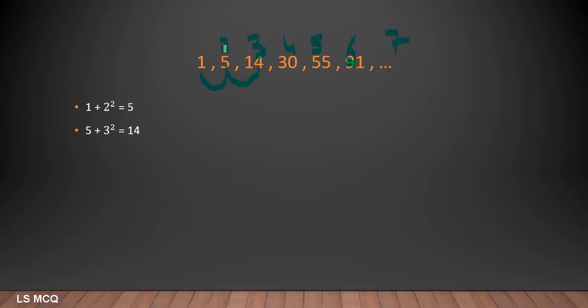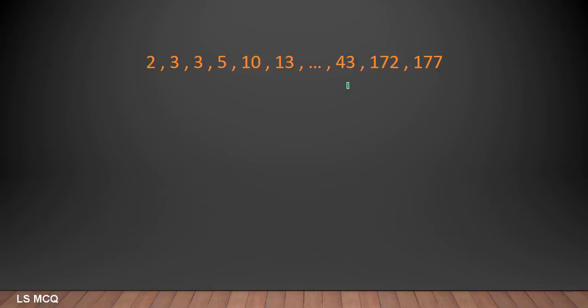So 2 square plus 1, 3 square plus 5. Okay, the next is 4 square plus 14, and then another number is 5 square plus 30, another number is 6 square plus 5, next number is 7 square plus 91.